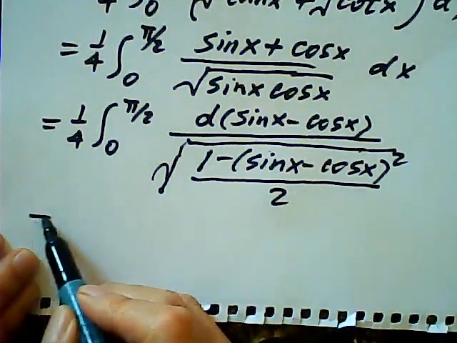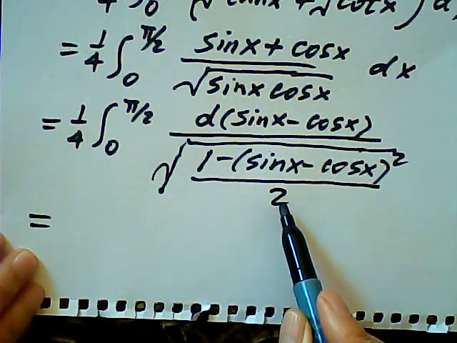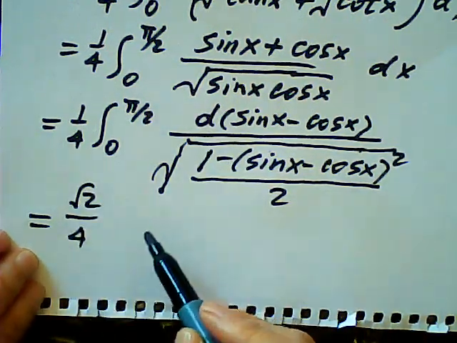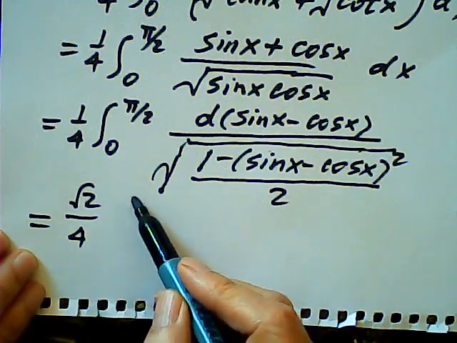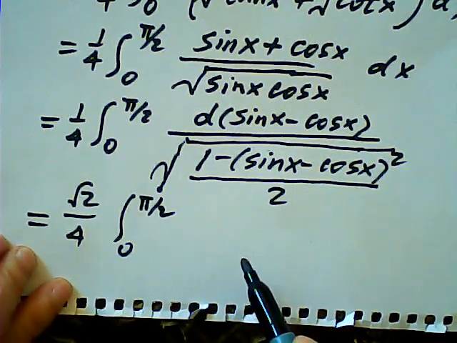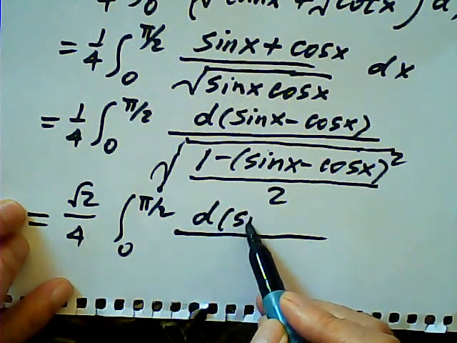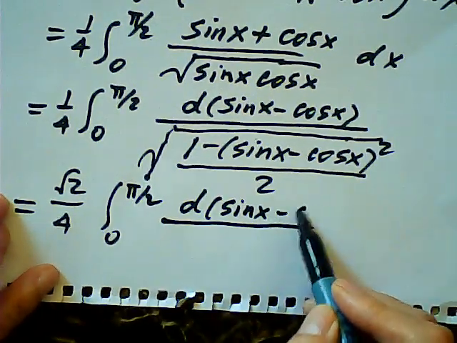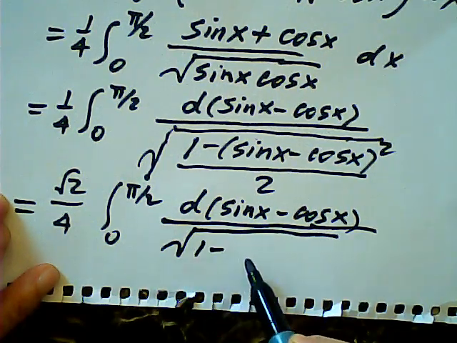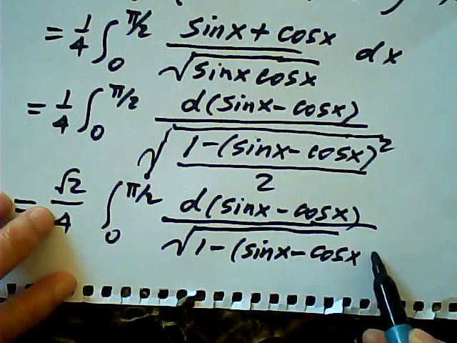So this will be equal to root 2 over 4, the integral from 0 to half pi of d(sine x minus cosine x) over the square root of 1 minus (sine x minus cosine x) squared.